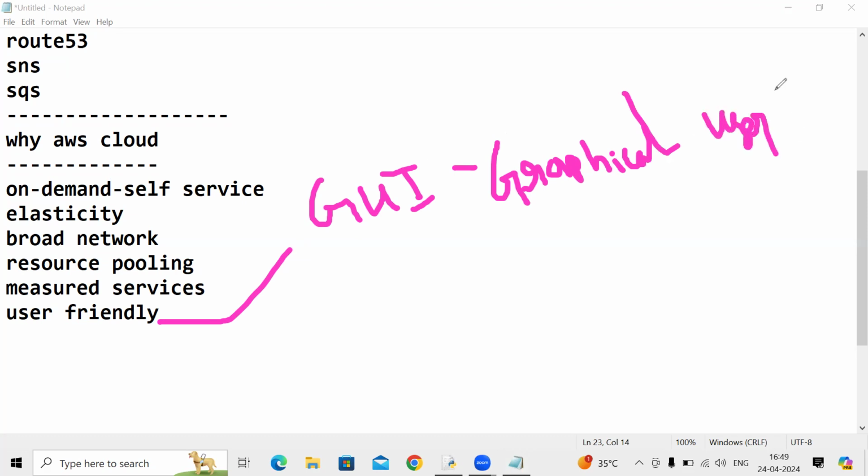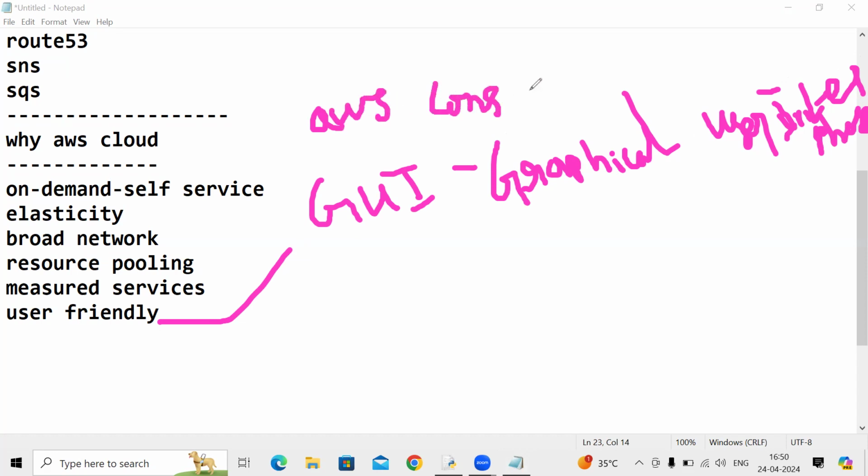The platform of AWS, I mean the Amazon console, the AWS console, will simply look like our computer system.